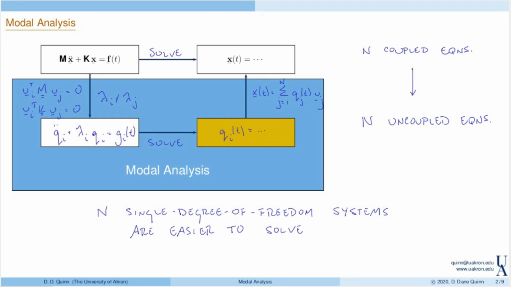So these are easier to solve, but we have to do it n times versus this one equation which has n coupled equations within it. So this is the general idea behind modal analysis. So let's go and figure out how this procedure works.